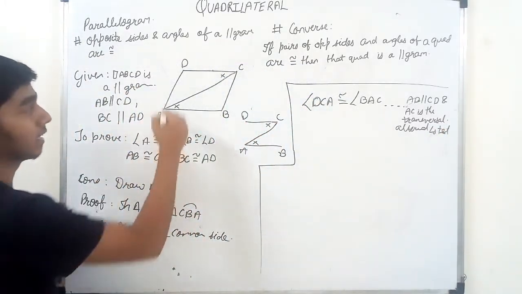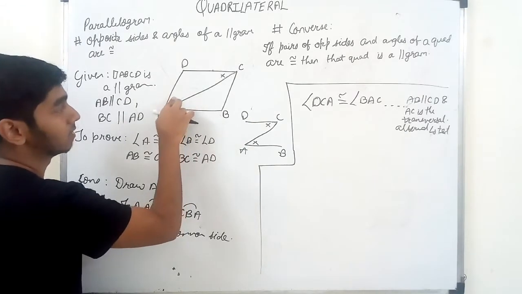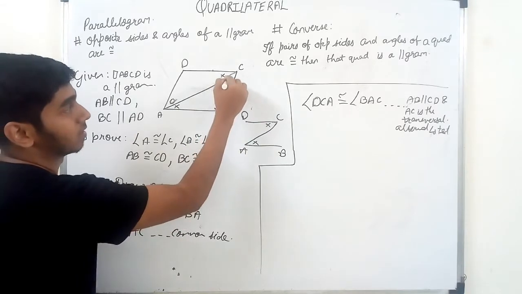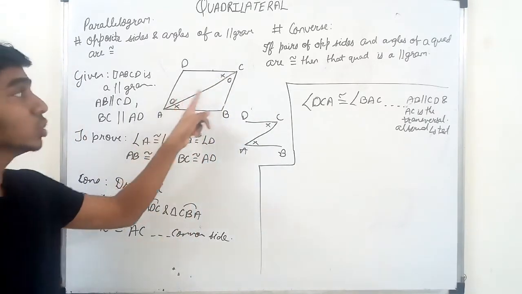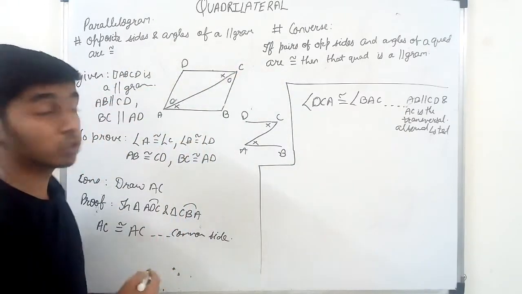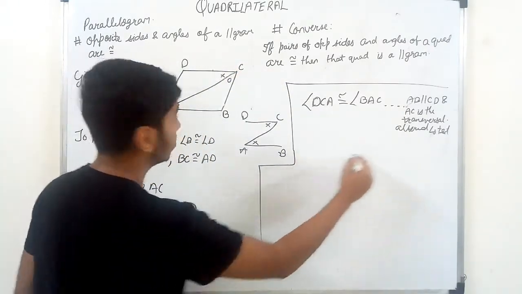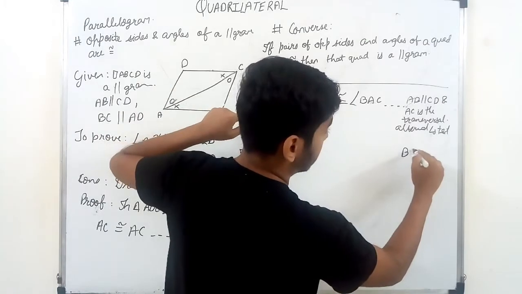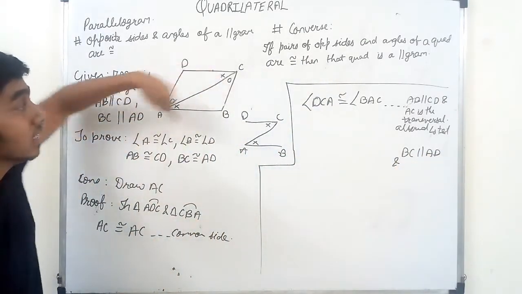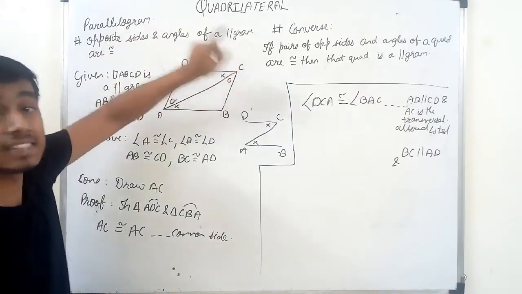In the same way, can we say that this angle and this angle are also congruent? Why? Because BC is parallel to AD and AC is the transversal.